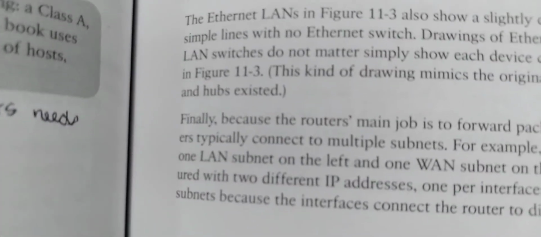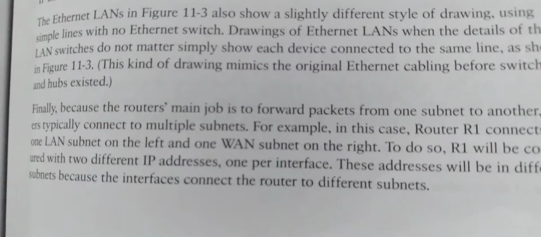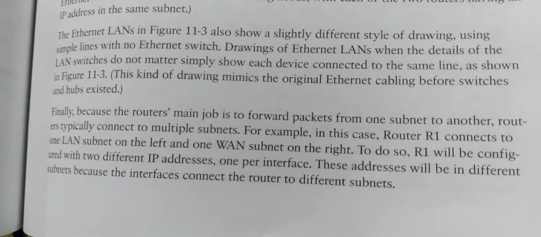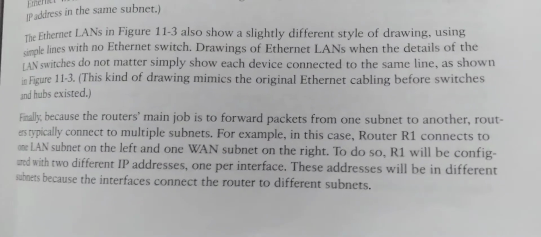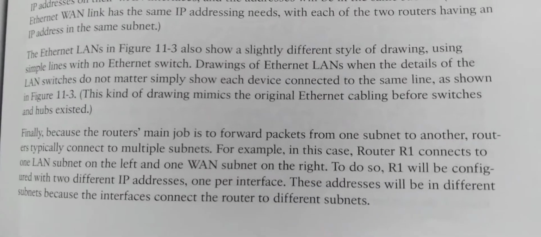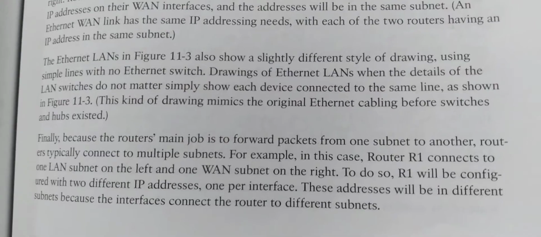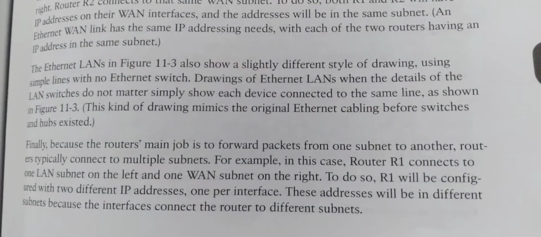Finally, because the router's main job is to forward packets from one subnet to another, routers typically connect to multiple subnets. For example, in this case, router R1 connects to one LAN subnet on the left and one WAN subnet on the right.